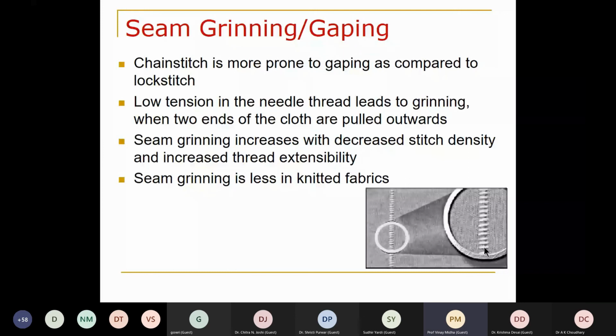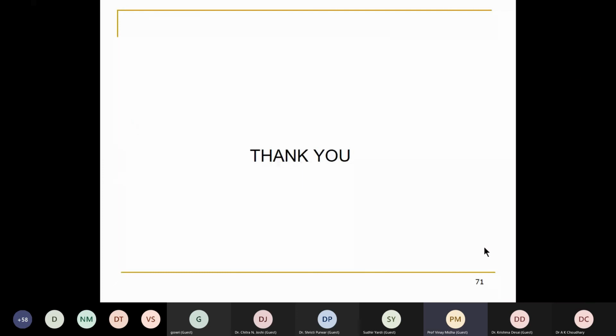If the thread is also extensible, then again we can see this type of problem. And the seam graining is lower in the case of knitted fabrics. So this is all about the seam performance.